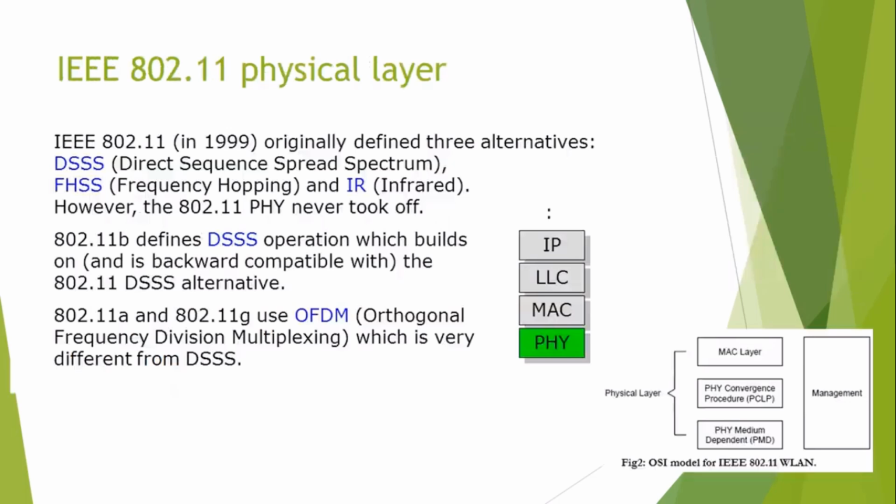Like that we can divide the physical layer into three parts. 802.11a and 802.11g use OFDM, orthogonal frequency division multiplexing, which is very different from DSSS.